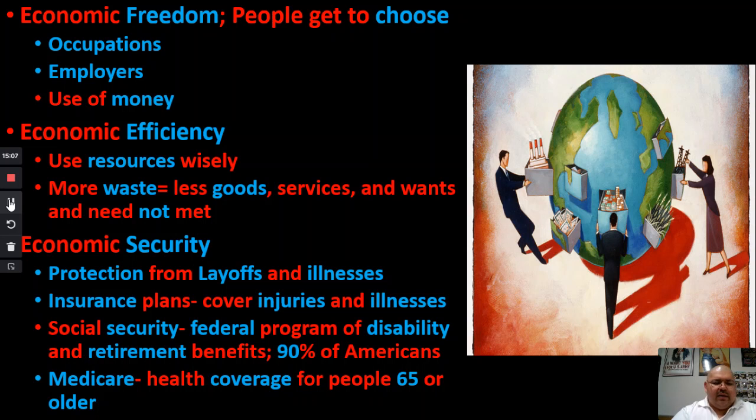Okay, economic security, protection from layoffs and illnesses. Guys, I want to say this real quickly because I said this in my class too. A student said this to me last year that as soon as high school is over, they're gonna file for unemployment. I asked, "What are you gonna do after high school?" They said they're gonna file for unemployment, and I told them I didn't know you had a job. They said I don't.